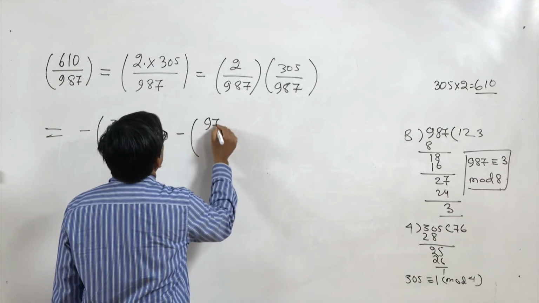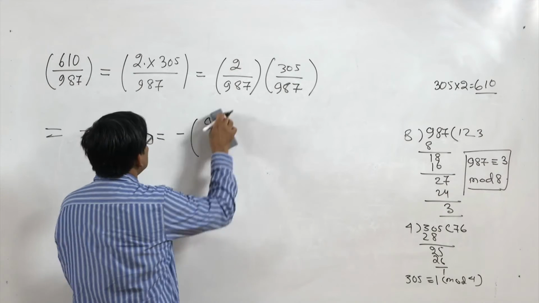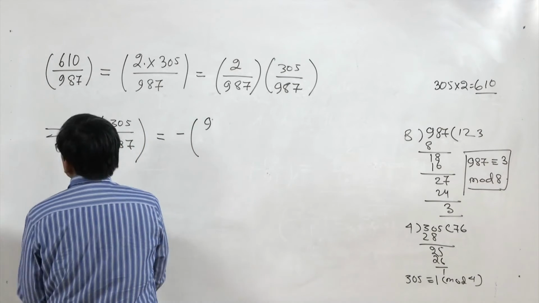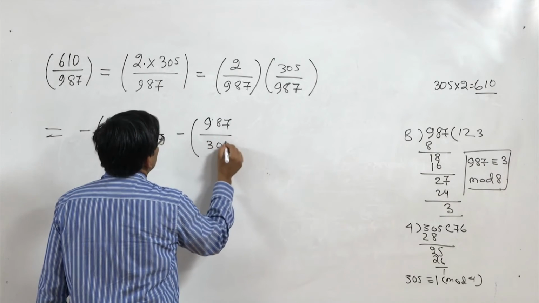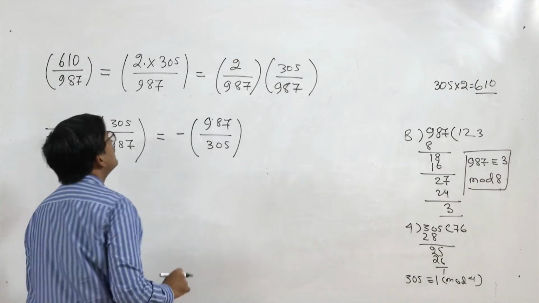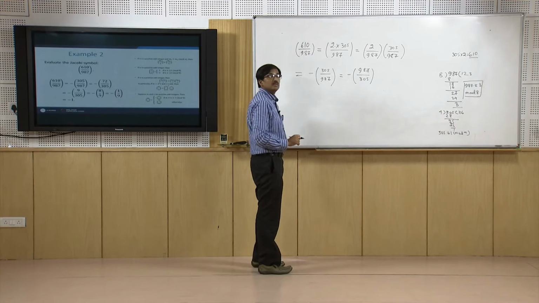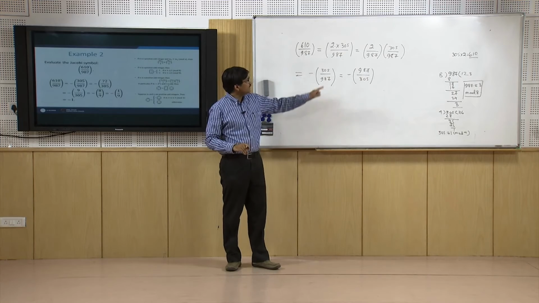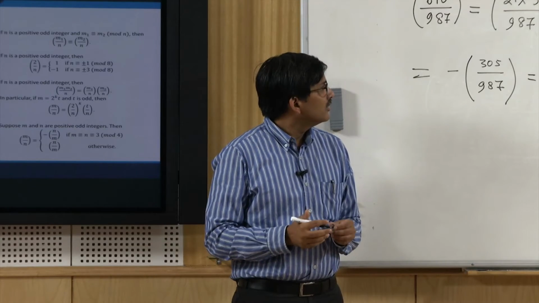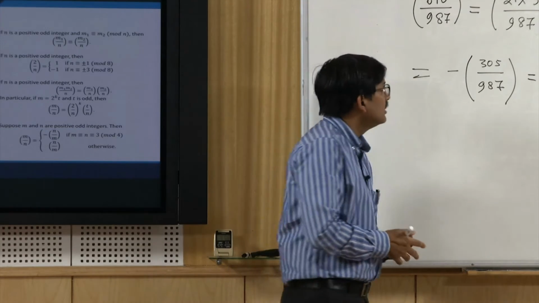I will write 987 by 305, and now we will use the first law to reduce 987 modulo 305. Let us do that.